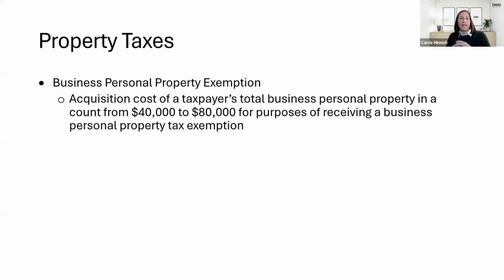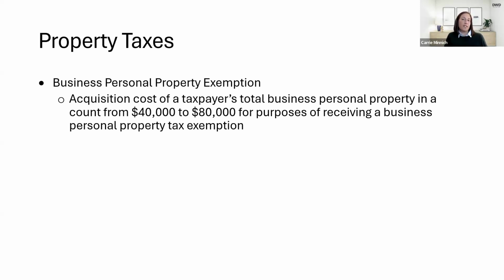Now, there is a personal property exemption that relates both to nonprofits and for-profits. So if you have business personal property that is up to $80,000, now, so if you have personal property that's less than $80,000, you can file for an exemption where you don't have to pay property taxes and you don't have to file a property tax return.